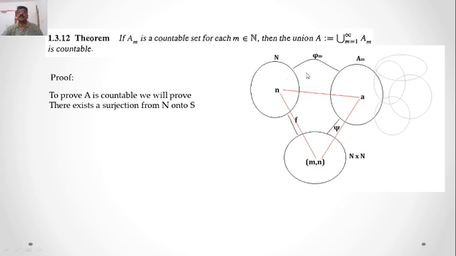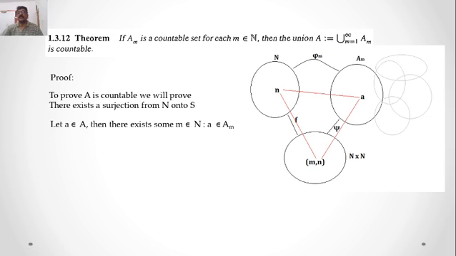We have to prove there is a surjection from N to A. That is, if you take any element a here, correspondingly you should find an n such that phi of n is equal to that a. You have to prove this.